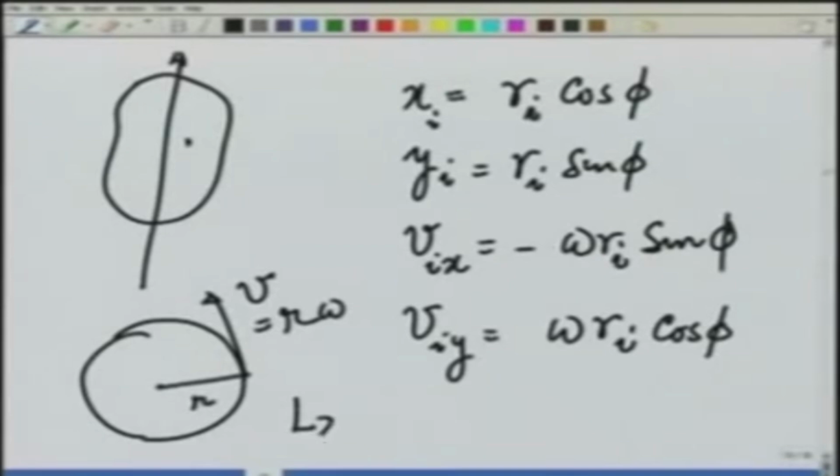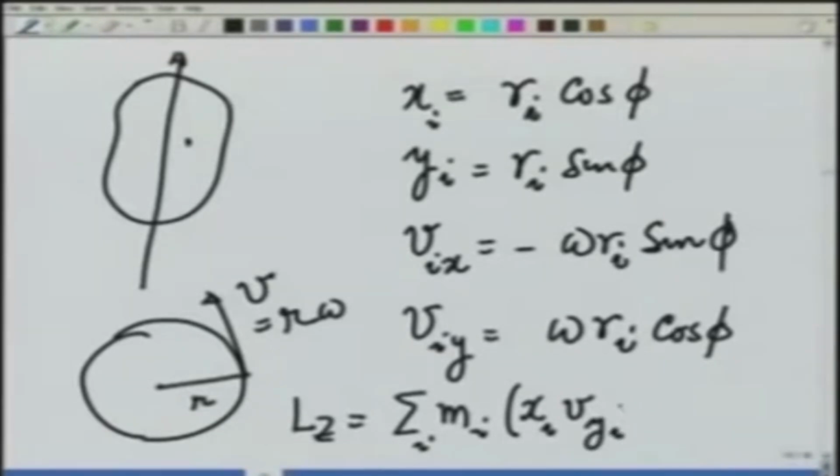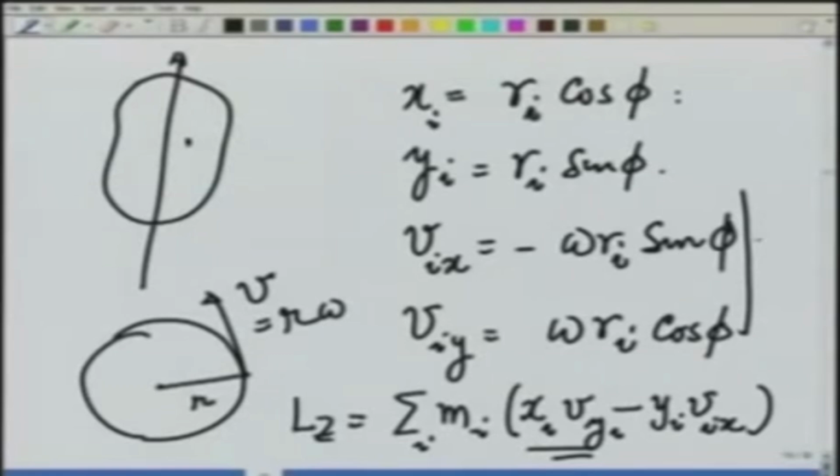Recall, Lz is nothing but the summation over i of m_i times x_i v_y for the ith particle minus y_i v_x for the ith particle. Substitute all these quantities in. This is going to give you r_i squared cosine squared phi, and this term is going to give you r_i squared sine squared phi with a minus sign.